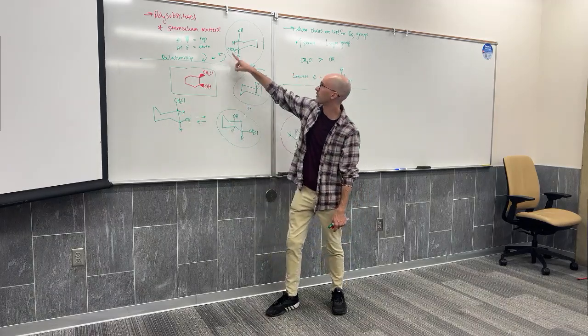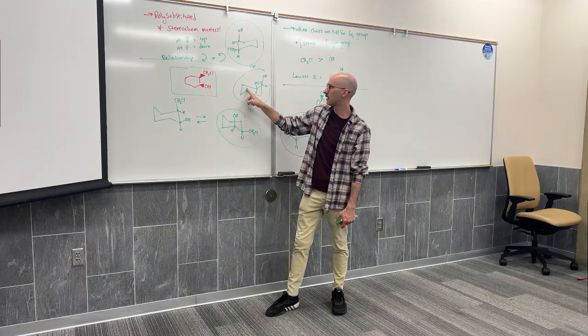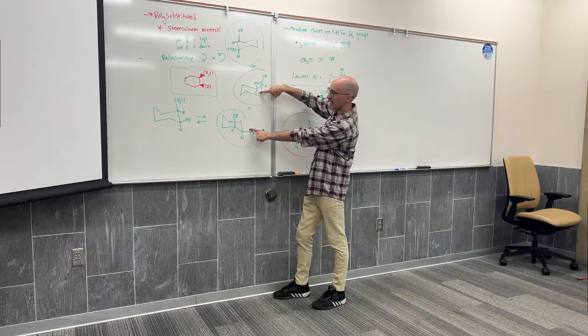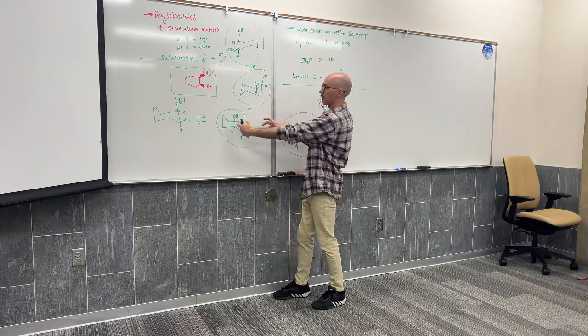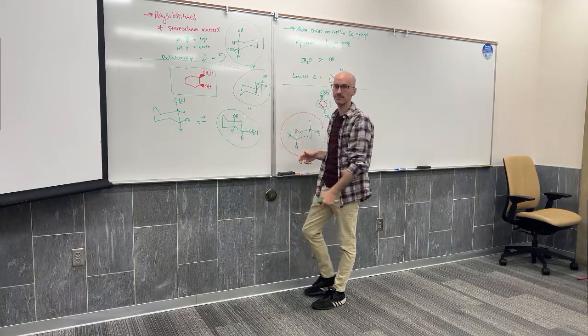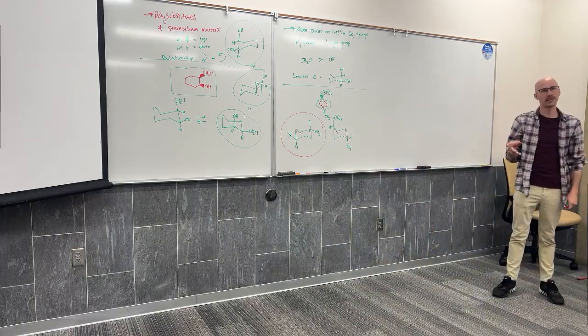But I could have drawn my chairs opposite, which means these are the same thing. The only difference is that I've rotated my perspective here a little bit. So it's totally up to you. Active might have other thoughts on that.